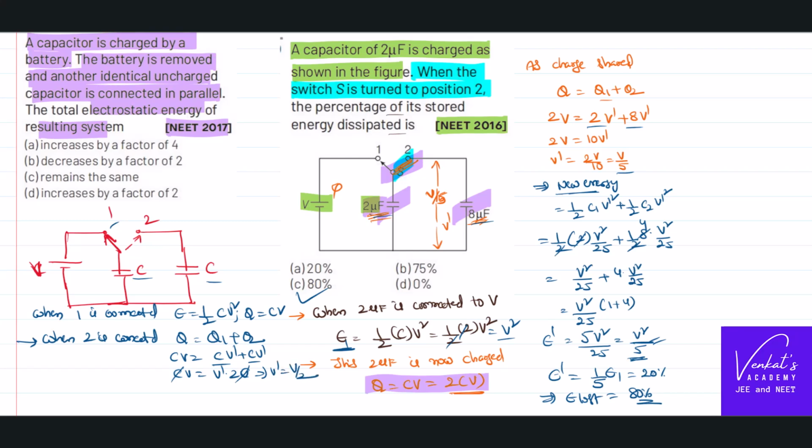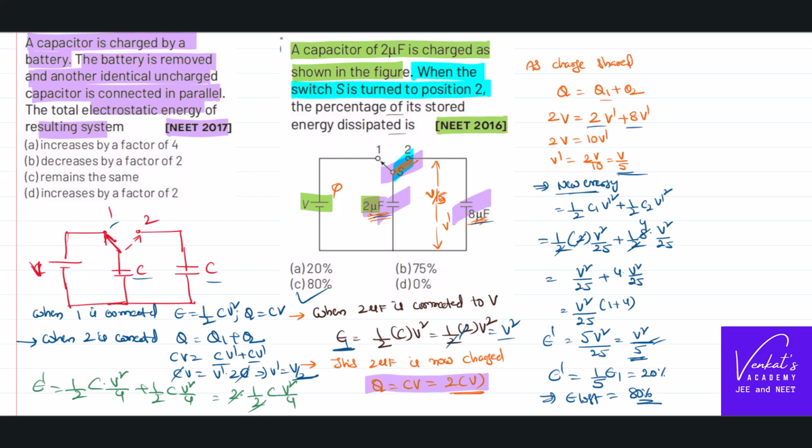Here V dash became V by 5, and here V dash becomes V by 2. Once V dash becomes V by 2, E dash becomes half C V dash square, that is V square by 4, plus half C V square by 4, that is 2 times half CV square by 4.